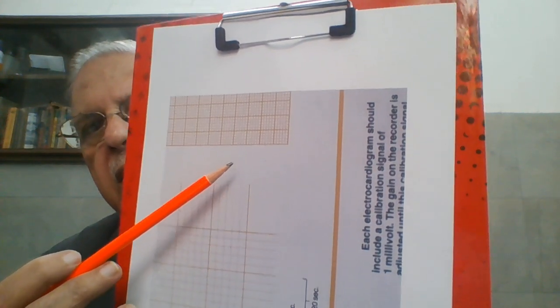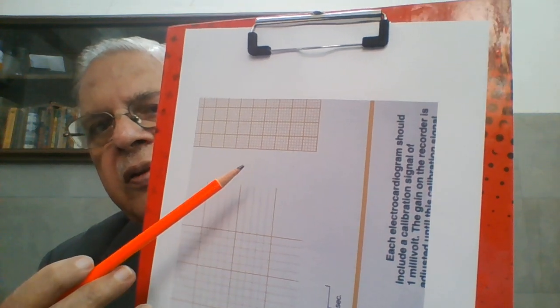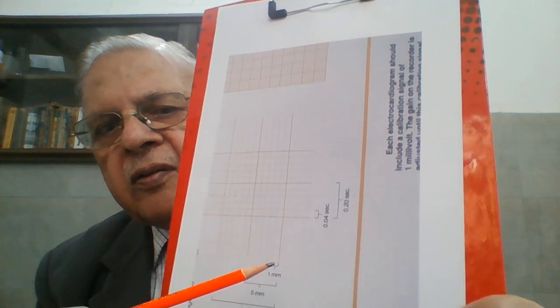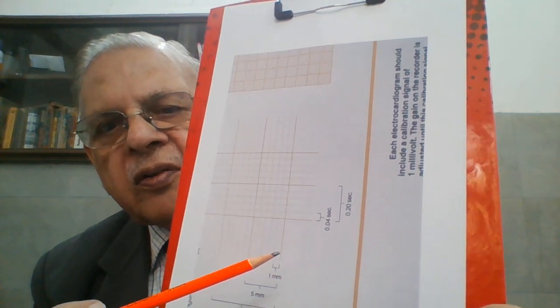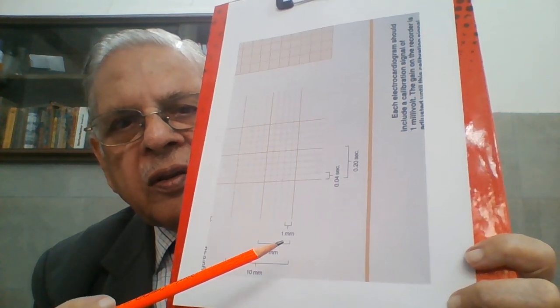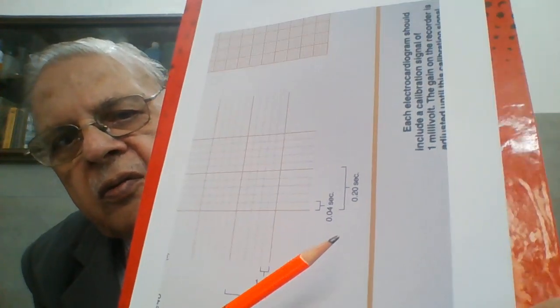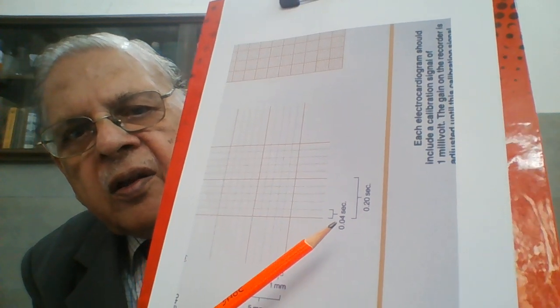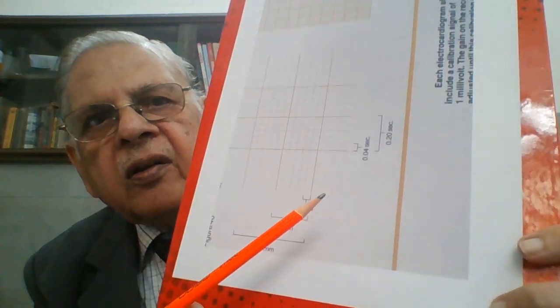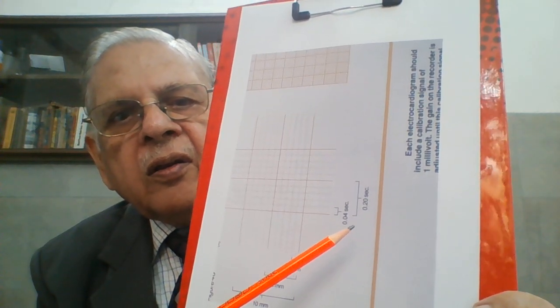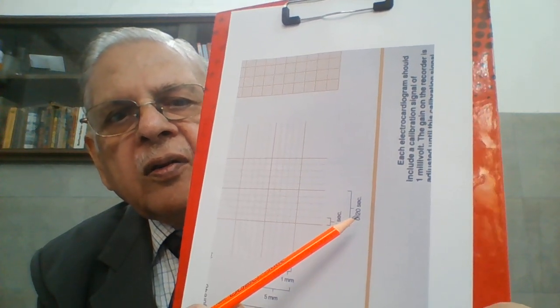Each small square is breadth-wise 0.04 seconds. Here it is shown. This is the one where it is shown 0.04 seconds, and 5 such small squares will make it 0.2 seconds.